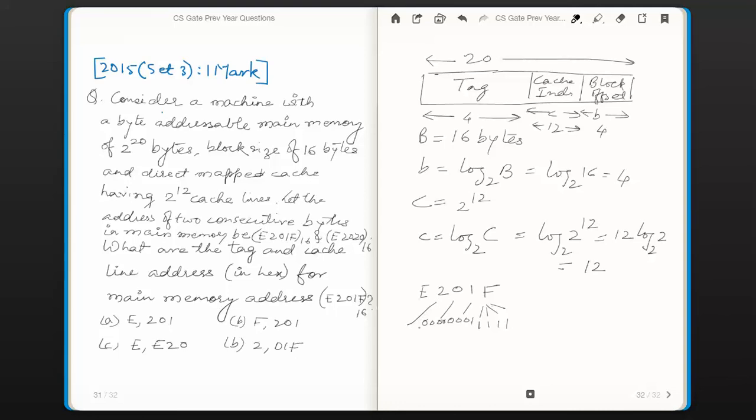So 2 here would be converted to the 4 bit 0010. E's value is 14, which would be converted to 1110. So this is the binary conversion of this hexadecimal number.